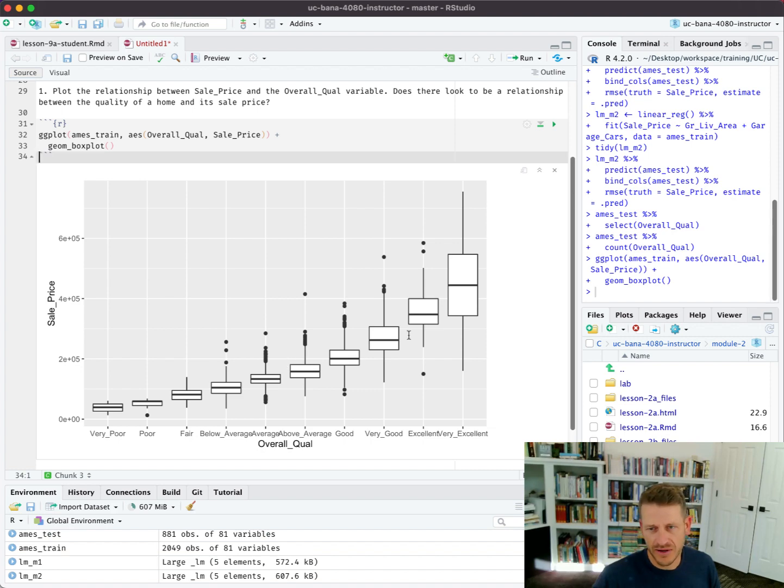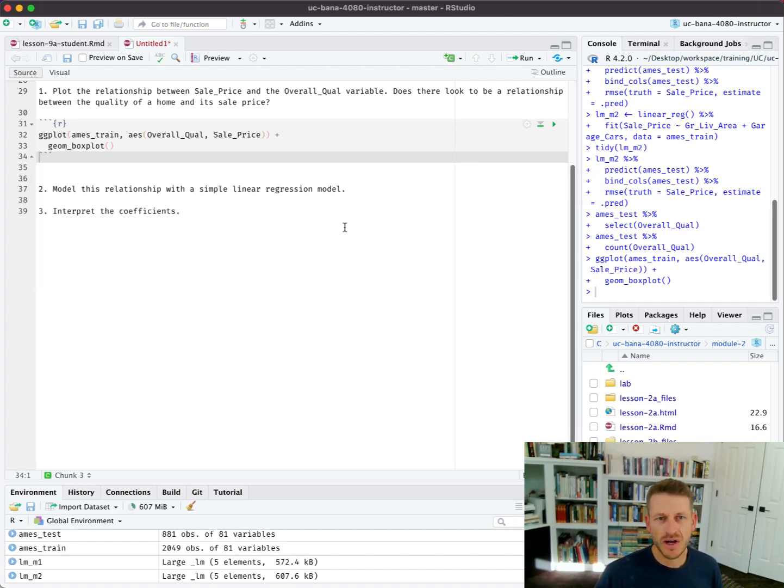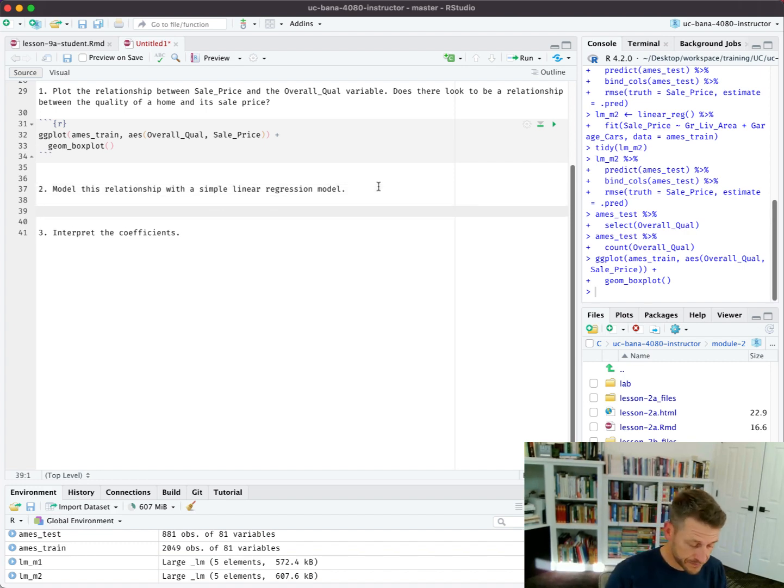If your home is very excellent as far as quality, you can have a pretty good expectation that the sale price is going to be higher than if your home has a poor, fair, or below average rating. So there definitely looks to be some kind of relationship. But what is this relationship? To explicitly state how this relationship is measured, we can use simple linear regression.